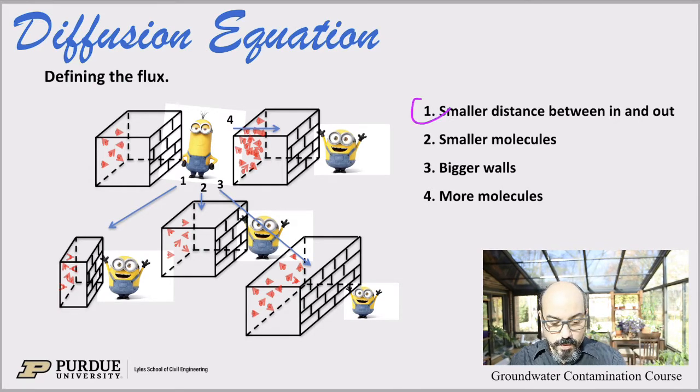So one is a smaller distance, obviously. So if those two walls are closer, obviously we're going to get more stuff out. So if the distance to traverse is smaller, it's easier, essentially. Same thing if we have smaller molecules or smaller things, then they move more freely, so it's easier, or they go faster, right?